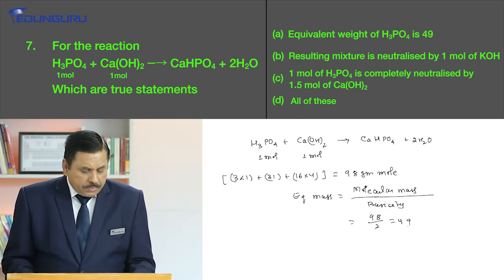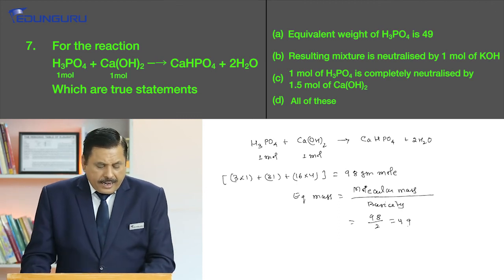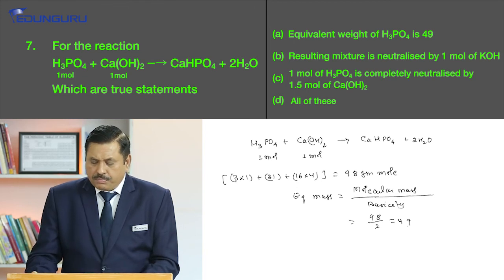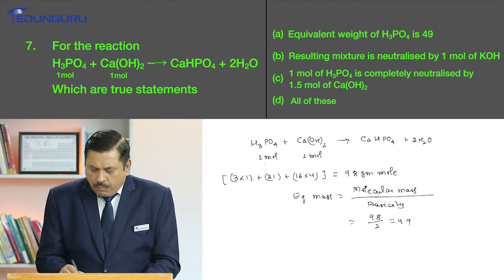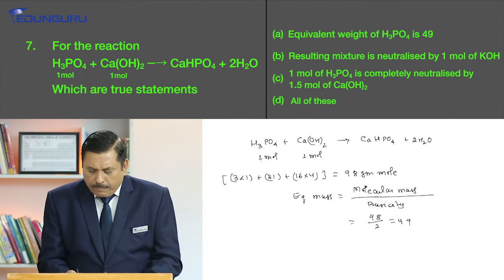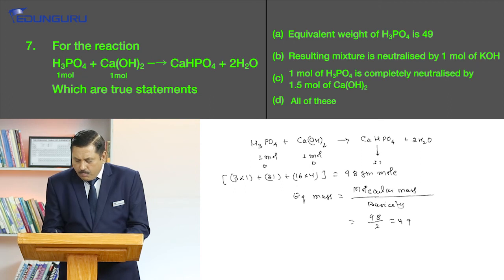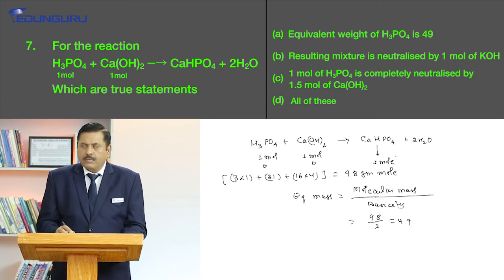Now, let us see what is option B. The resulting mixture is neutralized by 1 mole of KOH. Finally, when the reaction is complete, we have 0 moles of this, 0 moles of this, and 1 mole of this.